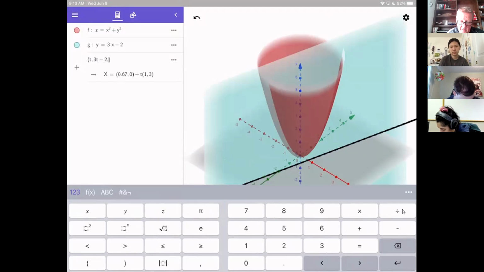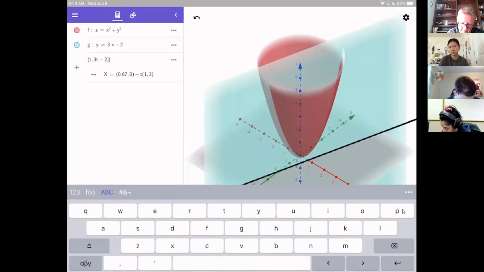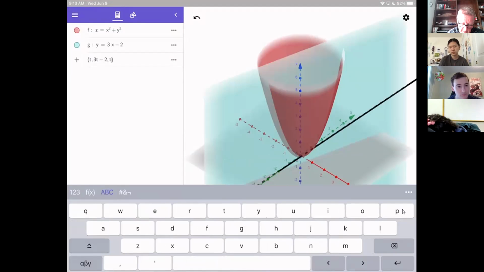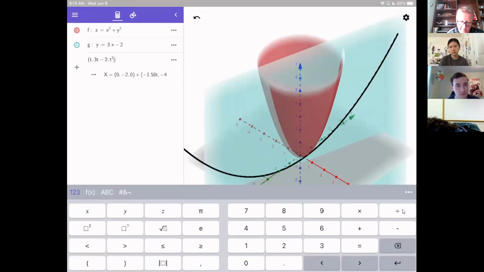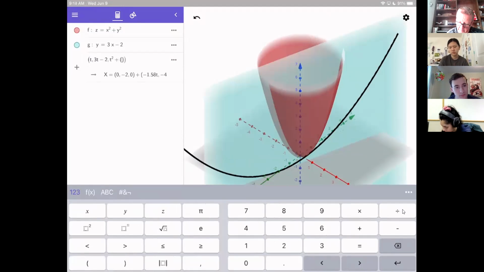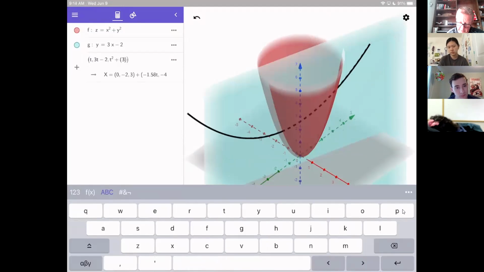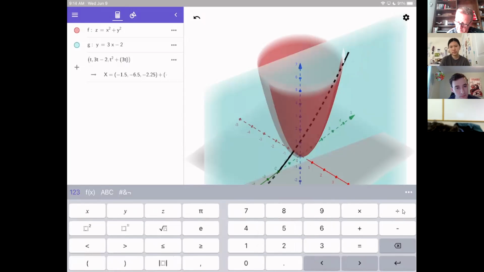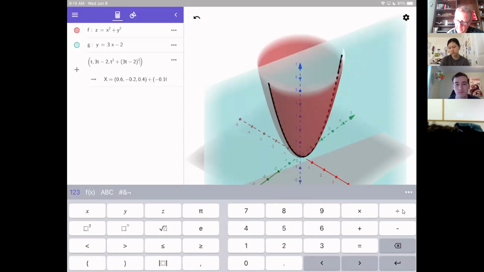And then z was x squared, which for us was t squared. And then plus y squared, and y was parentheses 3t minus 2, close the parentheses, squared. Is that okay? It looks like it's okay.